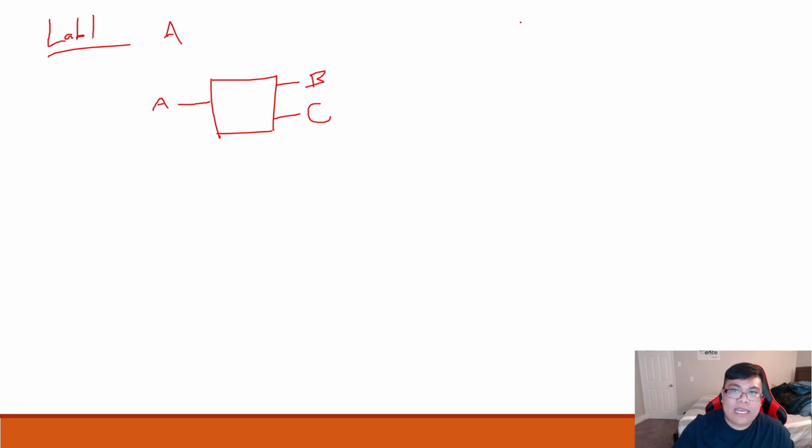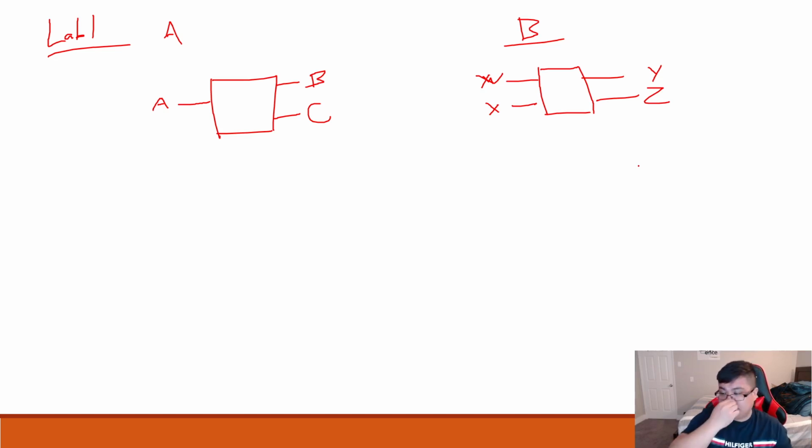In part B of Lab 1, you were tasked with making another circuit that has two inputs, X and Y, and it gives two outputs called Y and Z, right? So the purpose of Lab 1 was to get you familiar making logic diagrams in Verilog, but here we're going to go a little more advanced and try something that's practical, which is implementing the gates, okay?